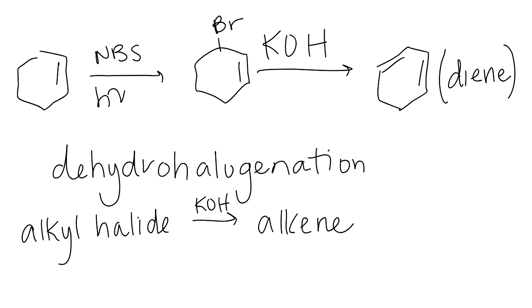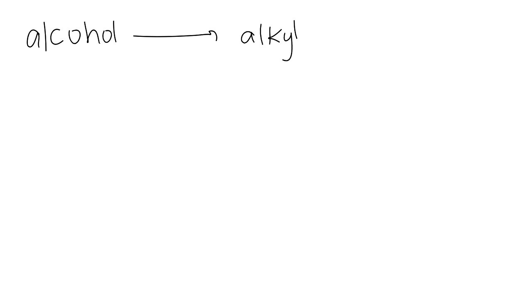Let's look at another type of reaction. And so for our next one, we are going to take some alcohols and we are going to make alkyl halides. So we're going to go from alcohol to alkyl halide. And what you use for your reactant depends on what type of alcohol you have.